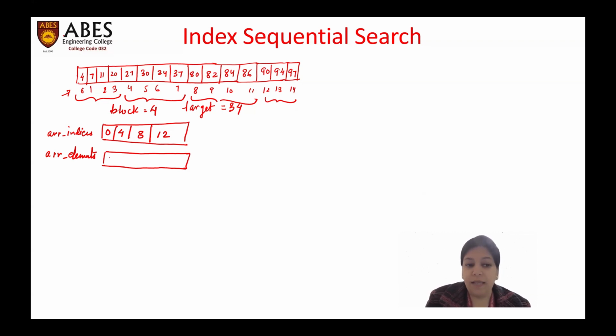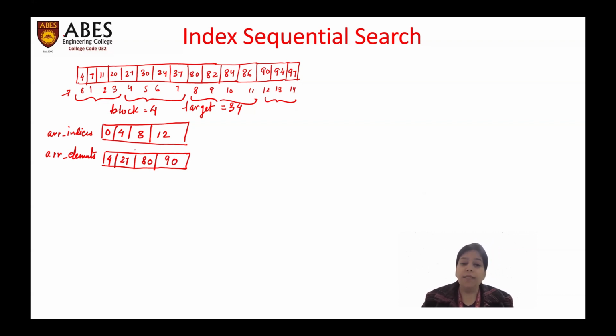So here you can see that at index 0, the value is 4. At index 4, the value is 27. So we can store this 27 in the next block, and the value stored at index 8 is 80. So here we are going to store 80, and the value stored at index 12 is 90.